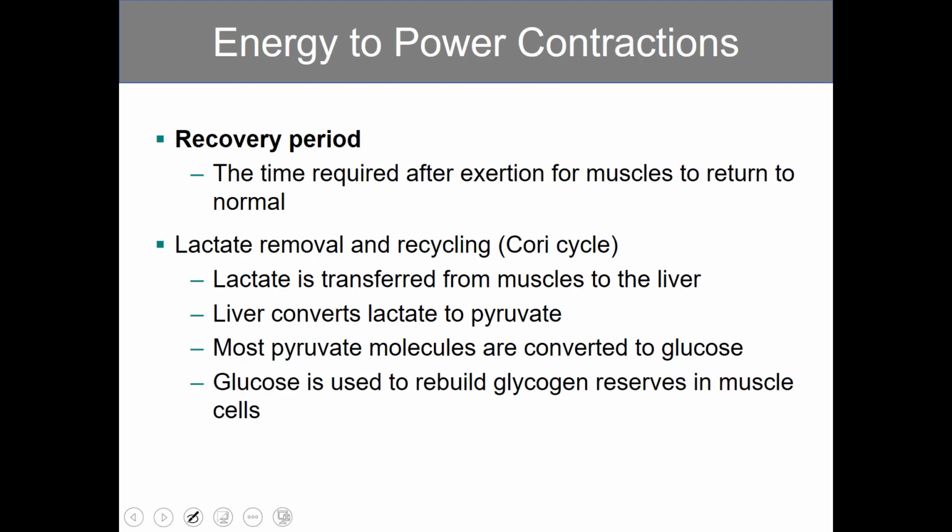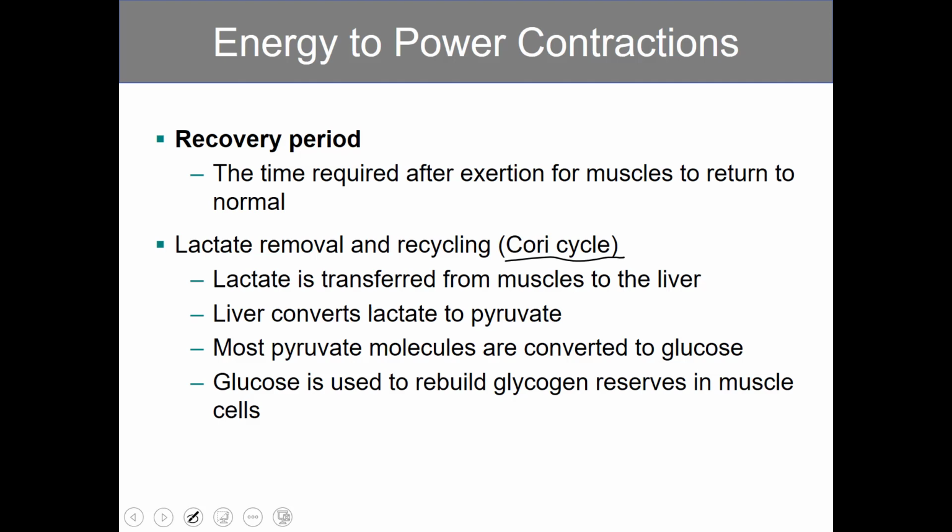Also, during the recovery period, we have to get rid of that lactate, or the lactic acid that was produced, and we do that through a biochemical pathway called the Cori cycle. Lactate is transferred from the muscles to the liver, and the liver is going to convert lactate back to pyruvate.